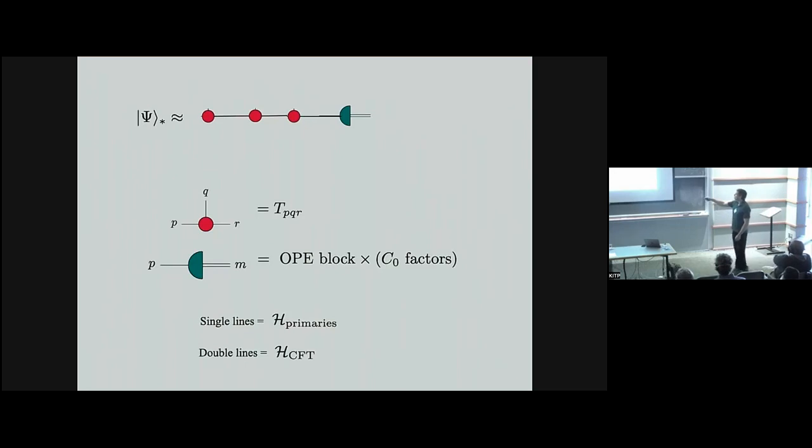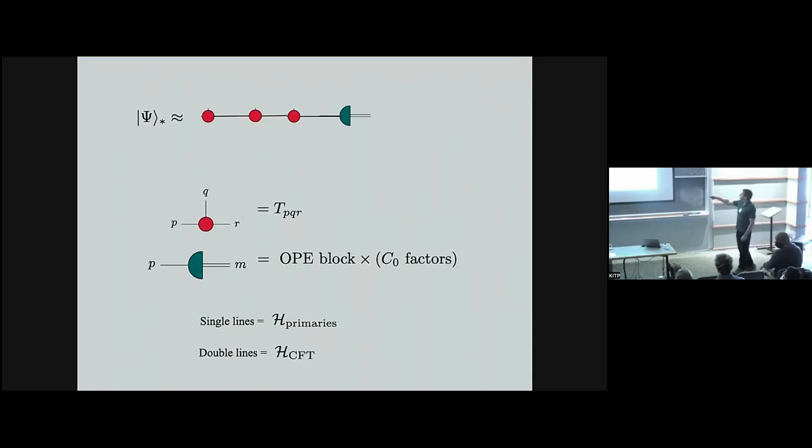I'm indicating here with the star that we've truncated near the saddle point, and each of these tensors is associated to the random coefficients that appear in the eigenstate thermalization hypothesis, and the final tensor on the right is the OPE block that adds the descendants. Okay, and this is a random tensor network.